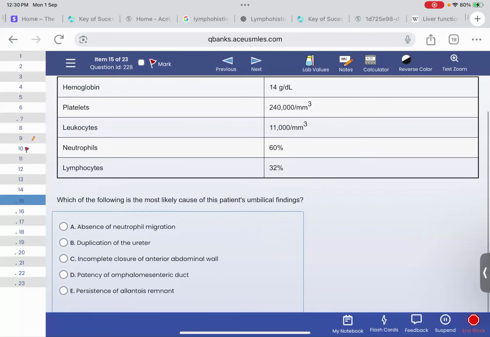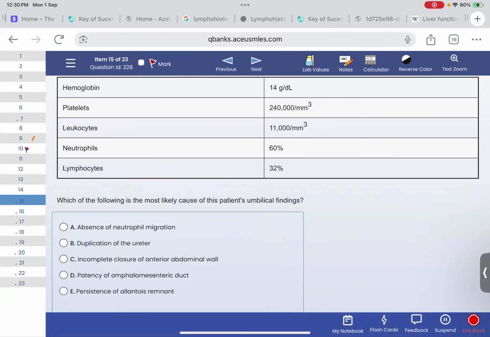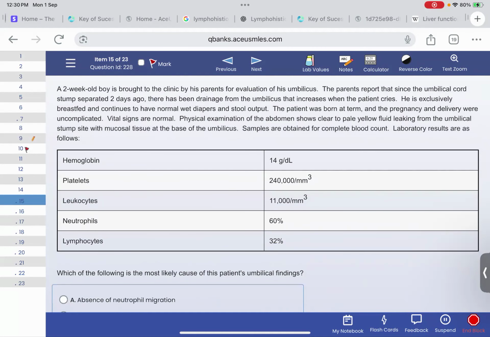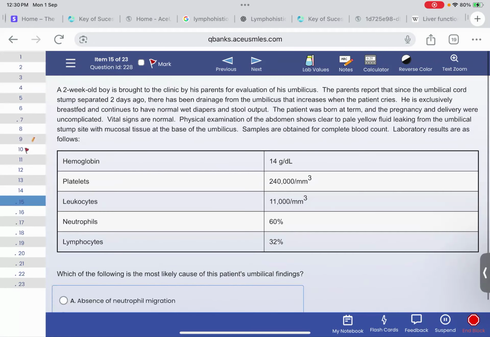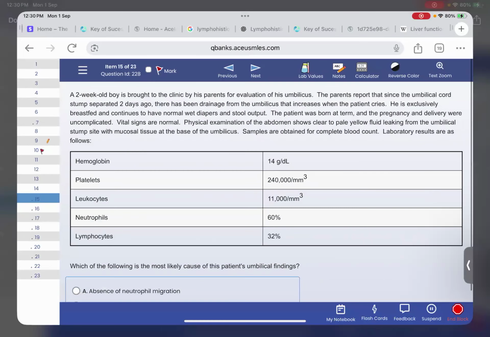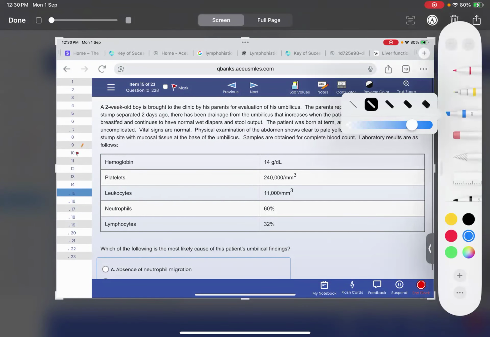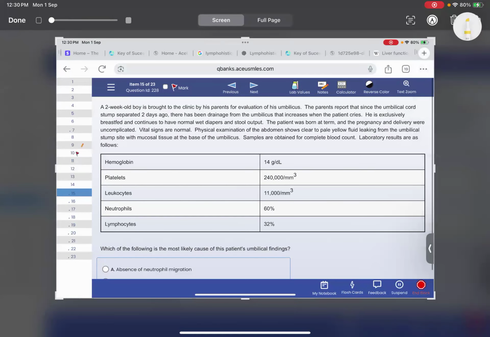What's this question? Anyone, please? Which of the following is the most likely cause of the patient's umbilical findings? A 2-week-old boy is brought to the clinic by his parents for evaluation of his umbilicus. The parents report that since the umbilical cord stump separated 2 days ago, there has been drainage from the umbilicus that increases when the patient cries.